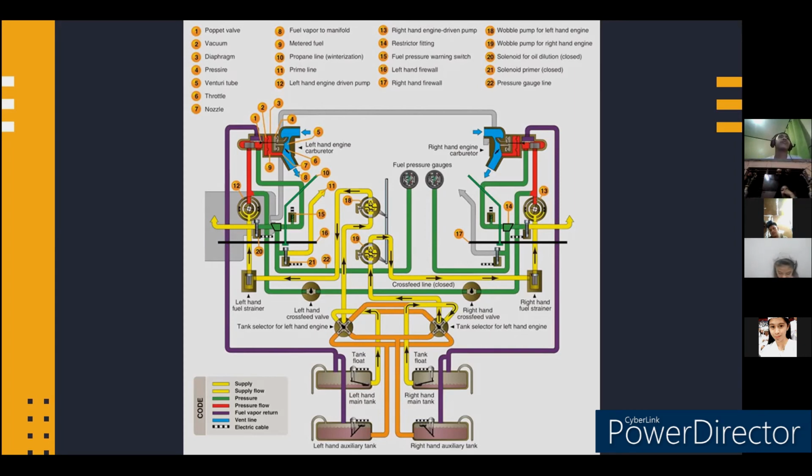And also pagdating naman sa strainer is na-discuss nga is yung cross feed, kasi it is used to balance kung gaano kabigat yung mismong fuels from the left side or the right side, para balance yung fuel consumption niya to each and every engines.